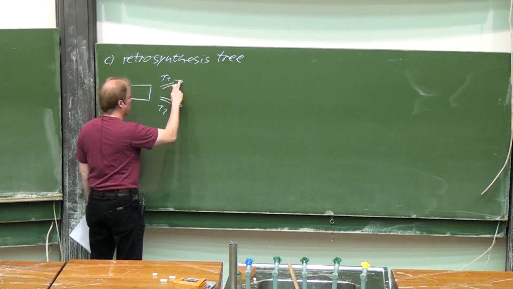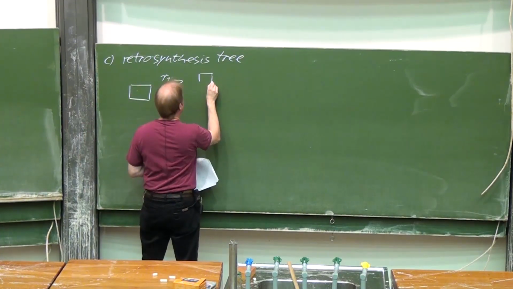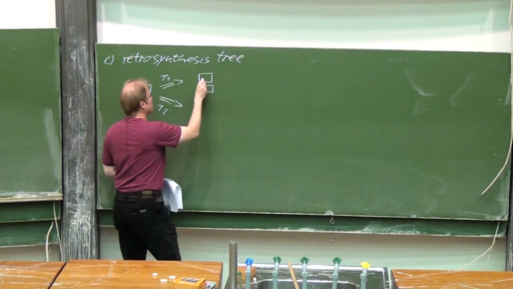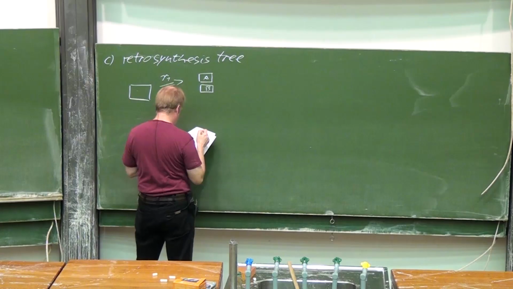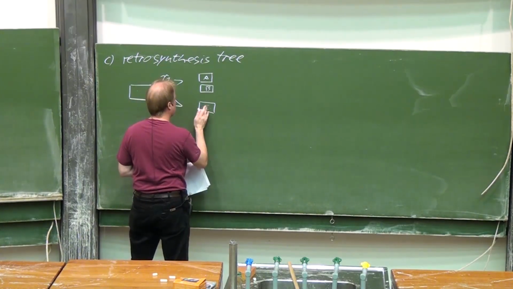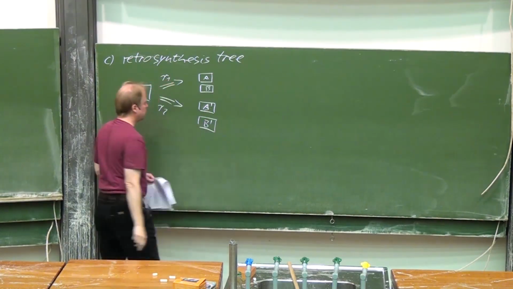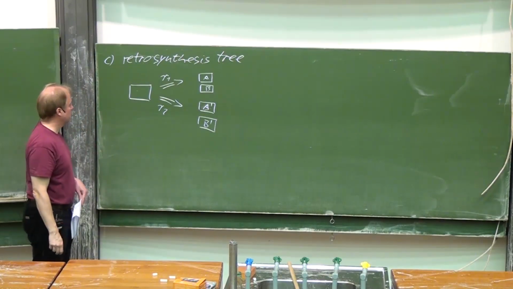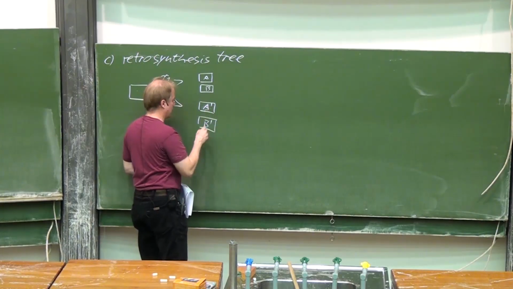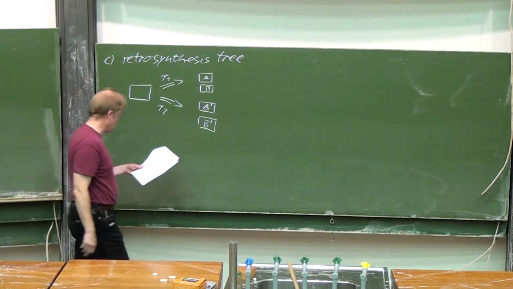Retrosynthetic pathway 1 and retrosynthetic pathway 2, getting two partial structures, A and B, or as an alternative, we have A prime and B prime.